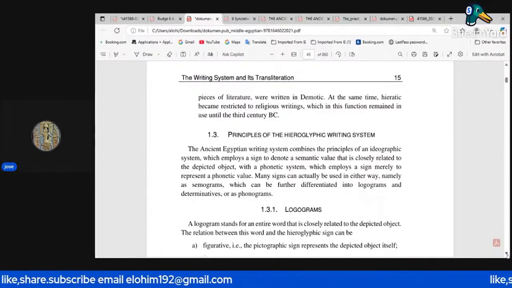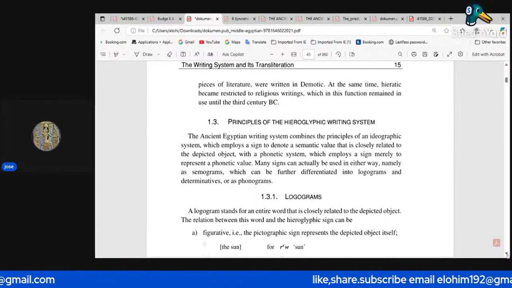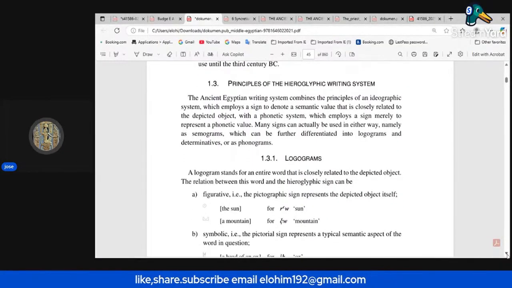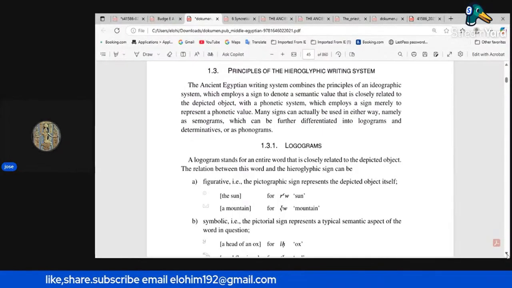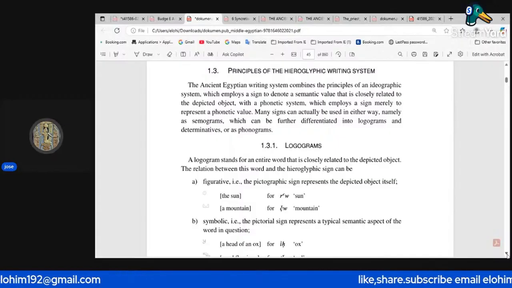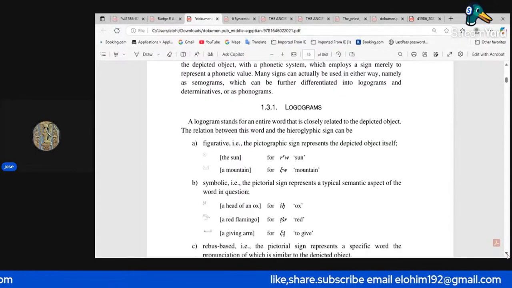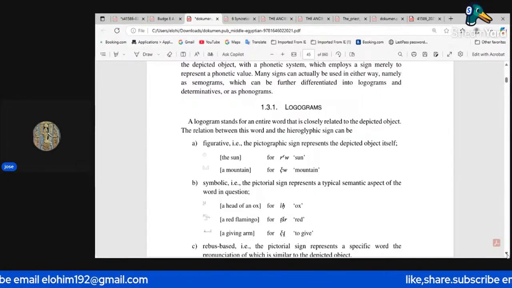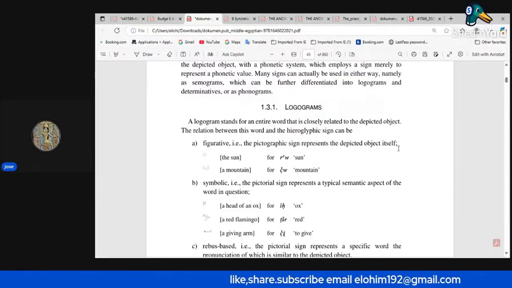Many signs can easily be used in either way, namely as semograms, which I know they're going to explain later on, which can be further differentiated into logograms and determinatives, or phonograms. A logogram stands for an entire word that is closely related to the depicted object. The relation between this word and the hieroglyphic sign can be figurative, i.e., the pictographic sign represents the depicted object itself.